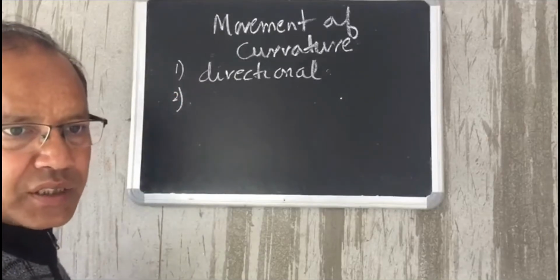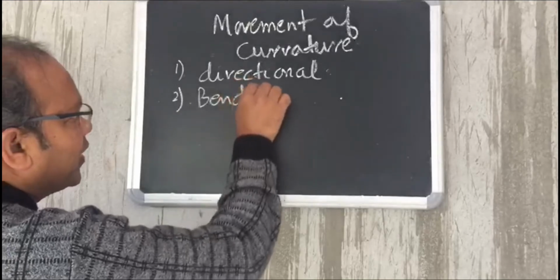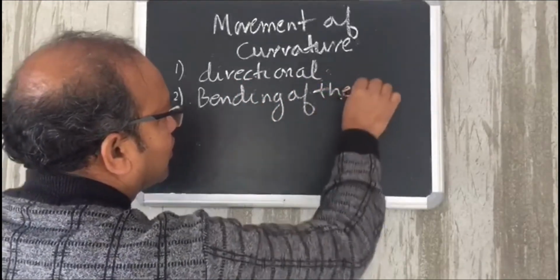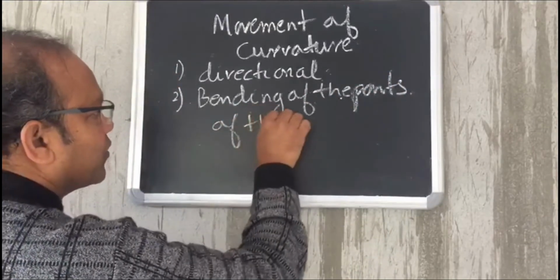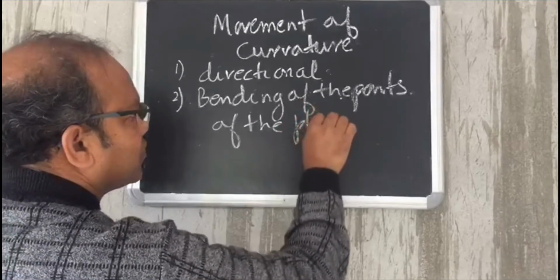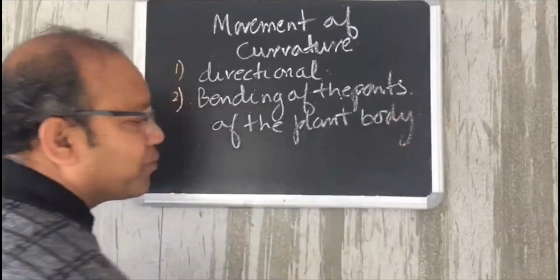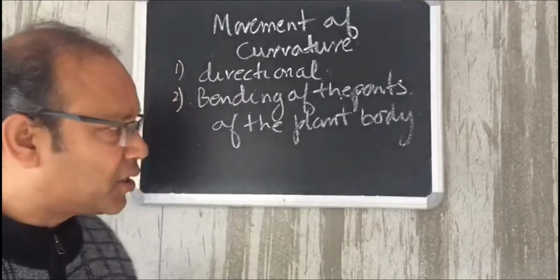Second, it is brought about by bending of the parts of the plant body. So there are different parts of the plant body which bend towards or away from the stimulus.